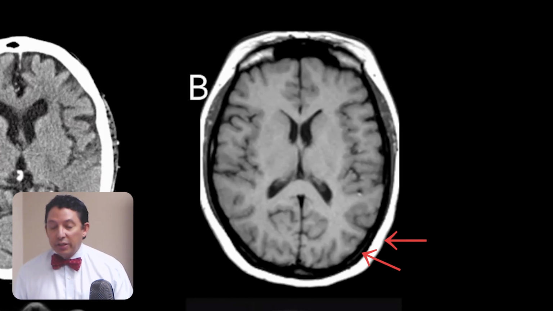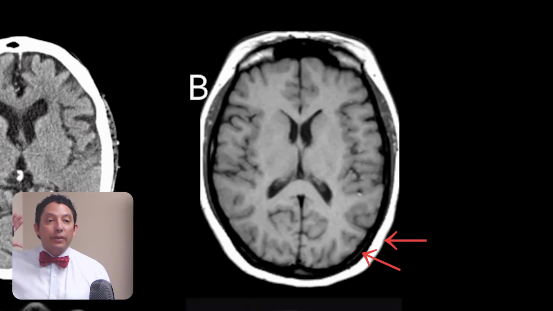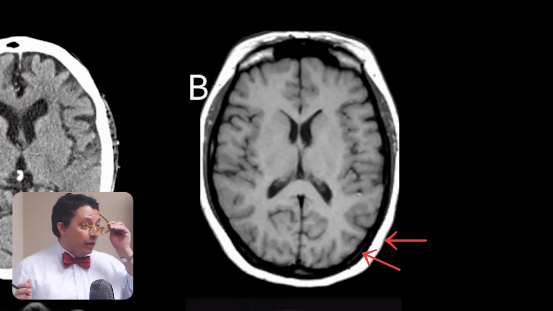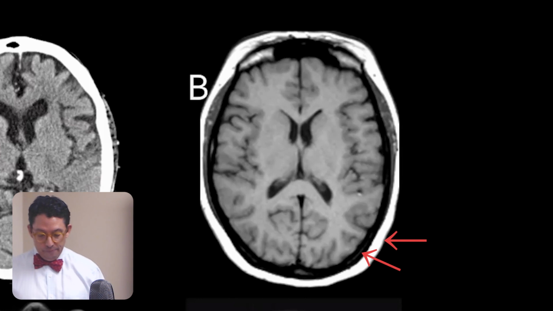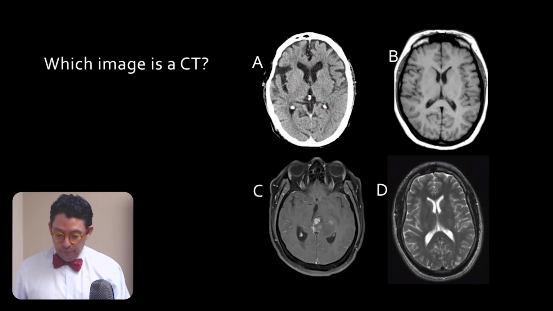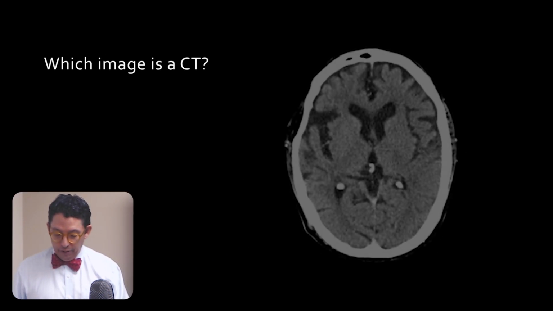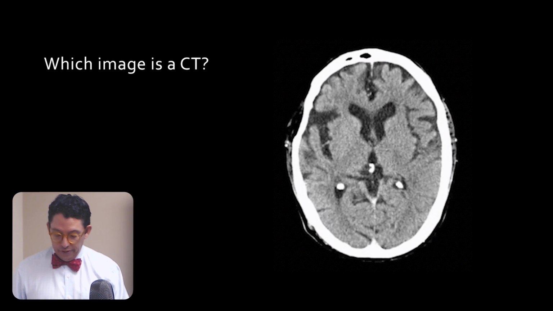Why? Because the scalp is the one that you're seeing as bright. So don't get confused between scalp and bone. Let's see in the next example if we get it better. But that was our CT.